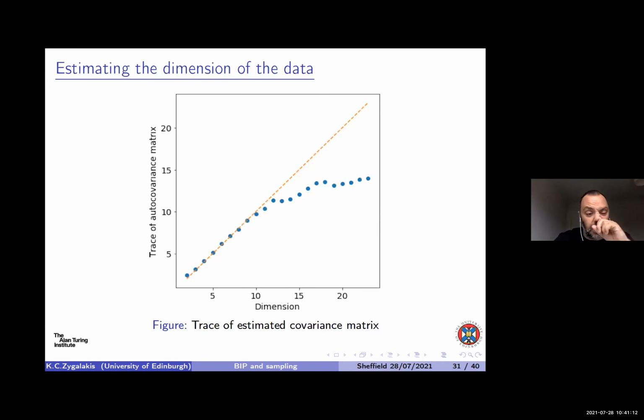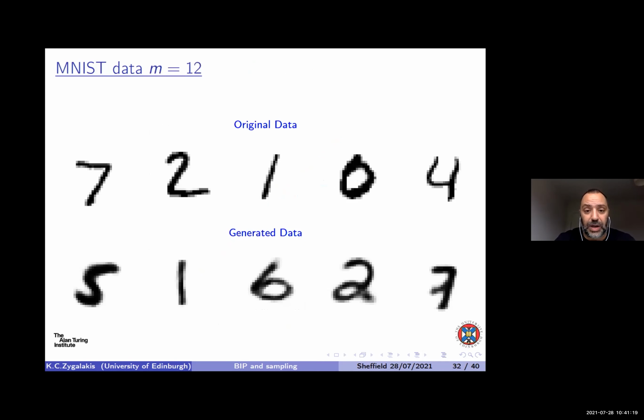But it turns out, I won't go into much detail here, that you can estimate the effective dimension of this data set to be around 12, okay? So you have a 12-dimensional Gaussian. You have learned your mappings from the space of Z to the space of X, okay? So you go from 12 dimensions to 900 dimensions using your neural networks.